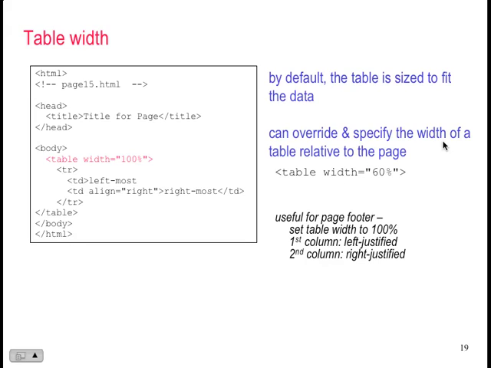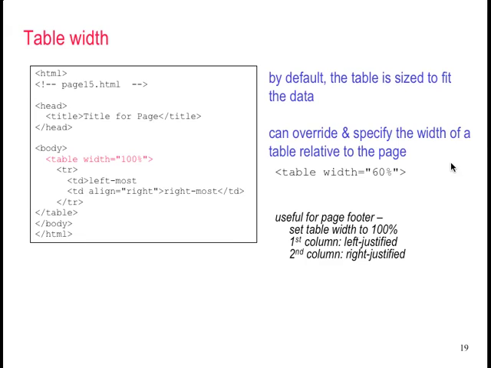So you can override the specific width by referencing the table width equal to 60%, 50%, however you want. So it's useful for page footers, let's say, to set the width to 100%. So the footer goes across the entire page of the web browser. First column is left justified, second column is right justified, to kind of set an even flow, essentially.